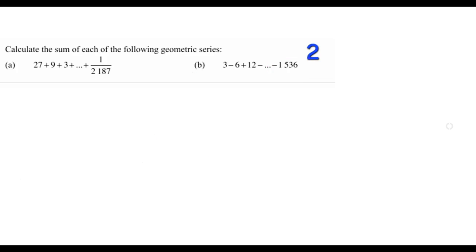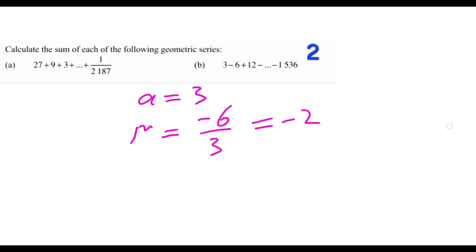First, identify the first term, common ratio, and the last term. We have a equal to 3, and the ratio is the second term divided by the first term, and the answer is -2. The last term we got is -1536.